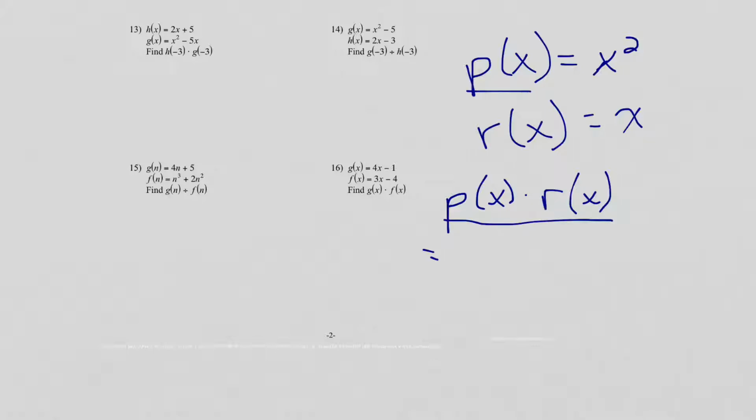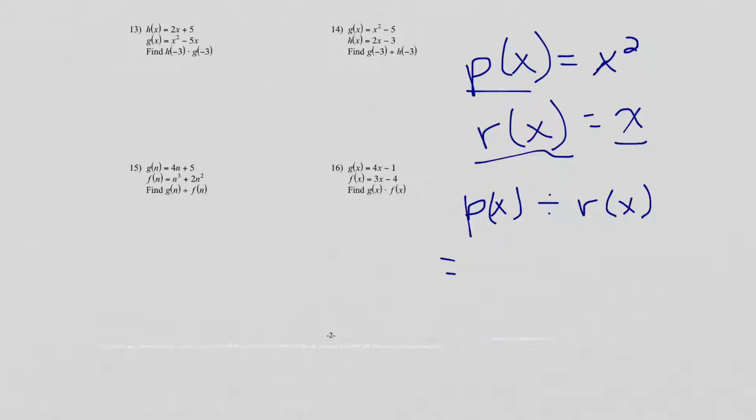Well, p of x is the instructions x squared, and r of x is the instruction x. When the two are multiplied together, we could just use the exponent laws to add the exponents. So x without an exponent has the exponent 1. X squared multiplied by x, those are the exponent laws we practiced in the foundational review. We add them when they are the same base, and there we go.